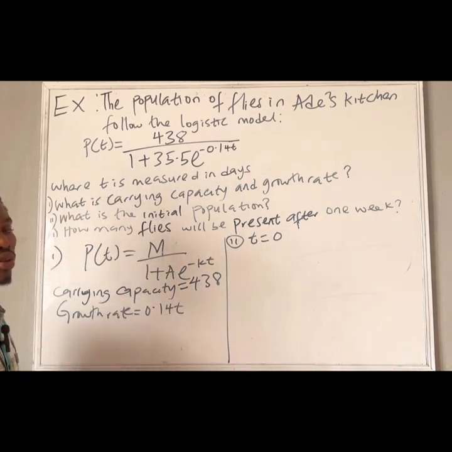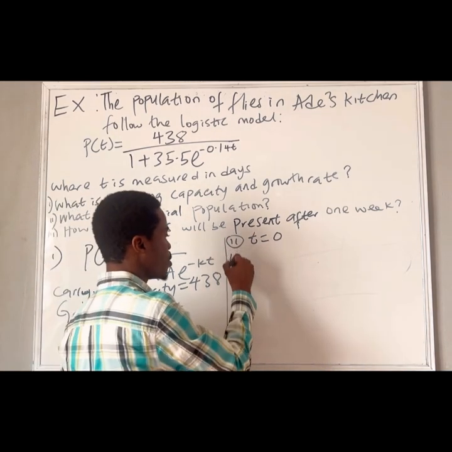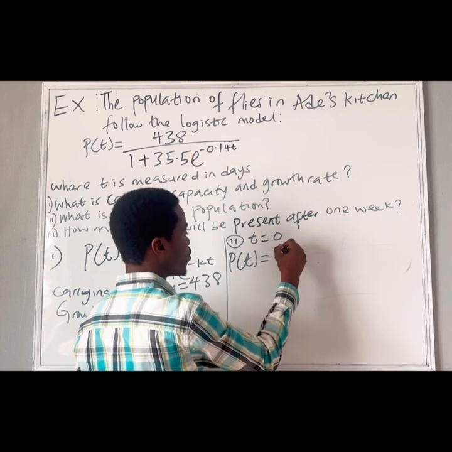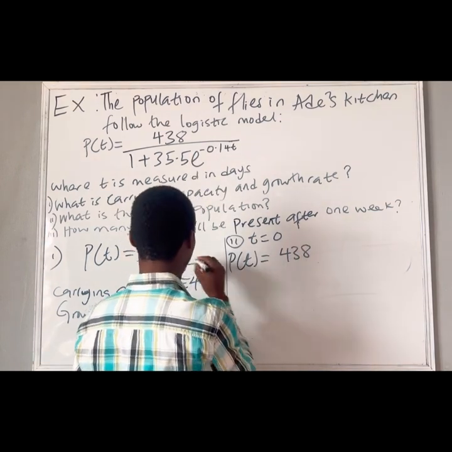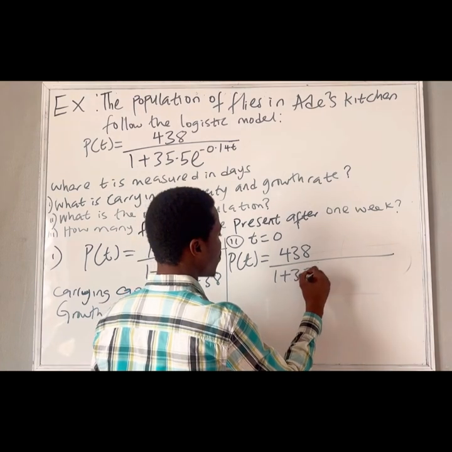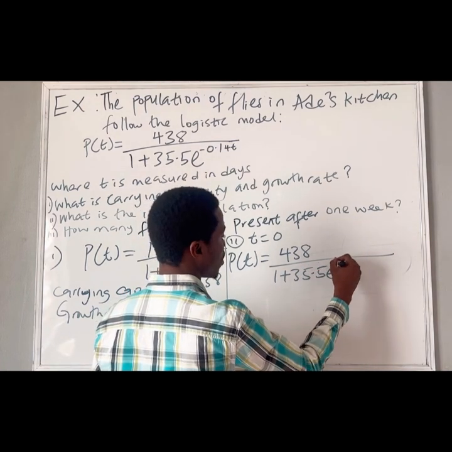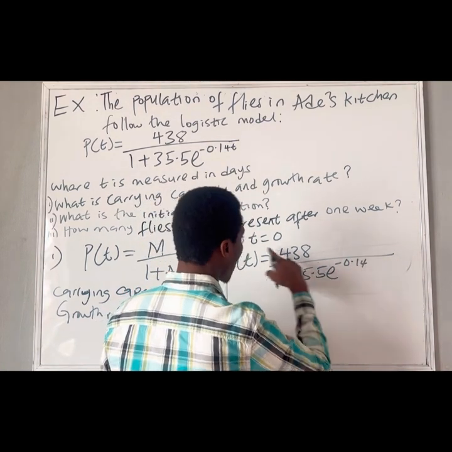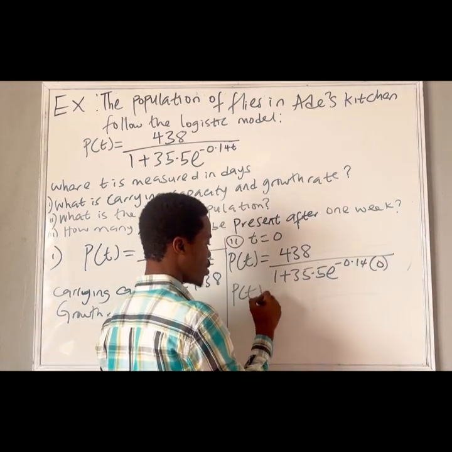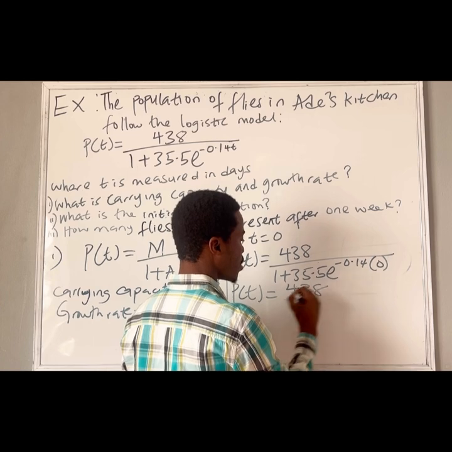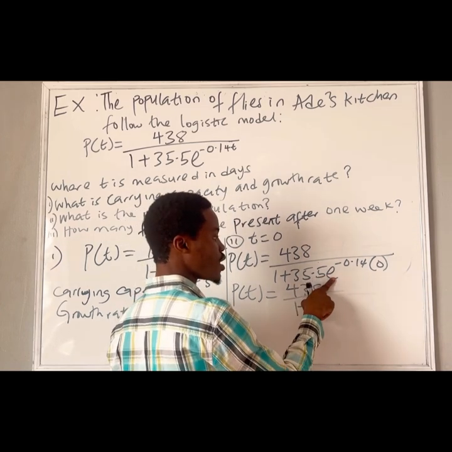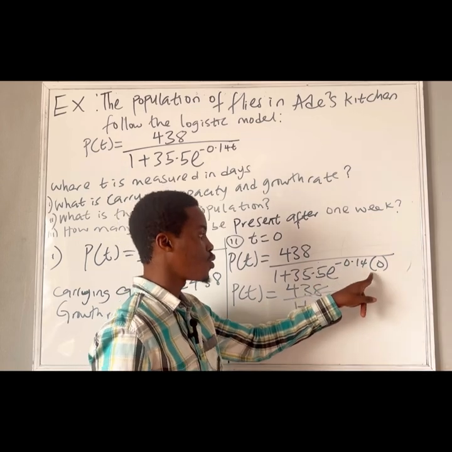What is the population of the flies at t equals 0? We have P(t) = 438 / (1 + 35.5e^(-0.140t)), and our t is 0 here.